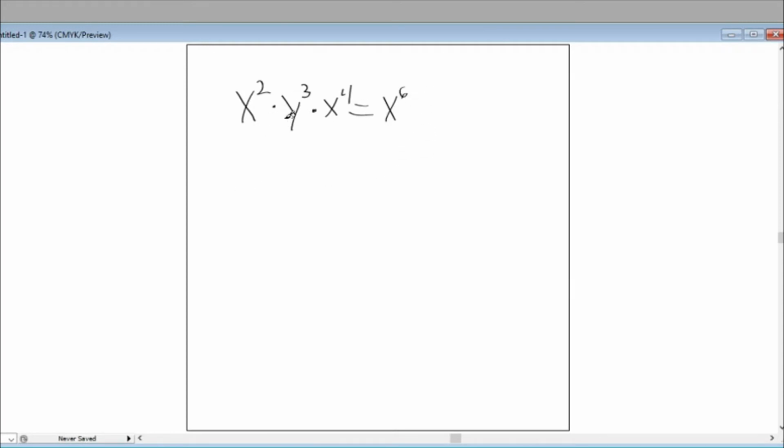And then we are multiplying times y. So this is just going to carry over as y to the third. Now notice that I don't have a dot between x to the sixth and y to the third. We don't necessarily need that. If we have two things right next to each other, we understand that they are multiplying.